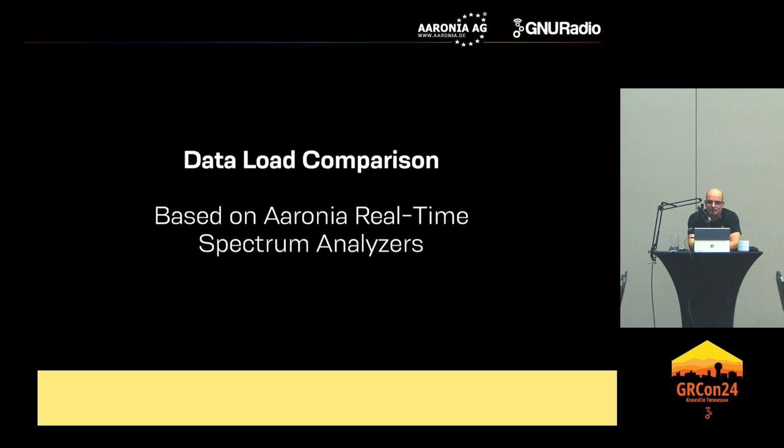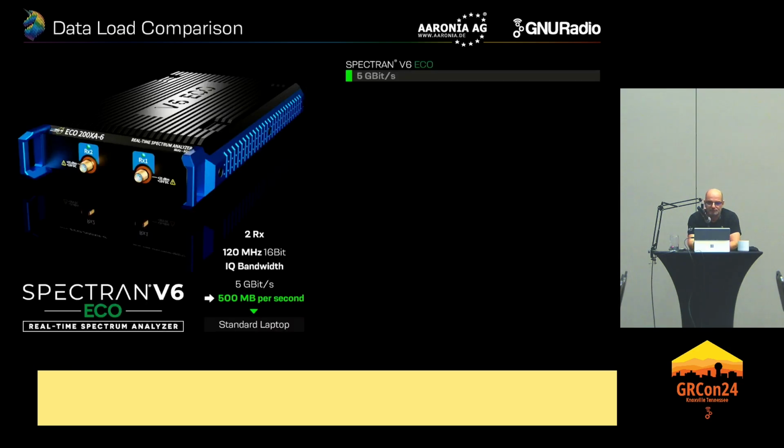So based on our products, I want to show you what we're speaking about. We have this little Echo, for instance, which has an RX and TX, and already needs a USB 3.0 for its data transfer. That's about 500 megabytes per second.